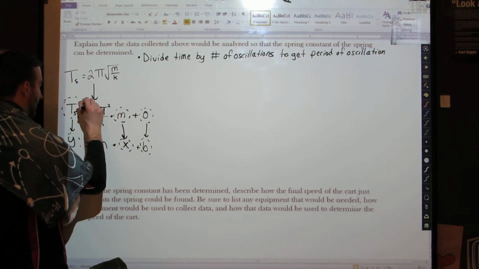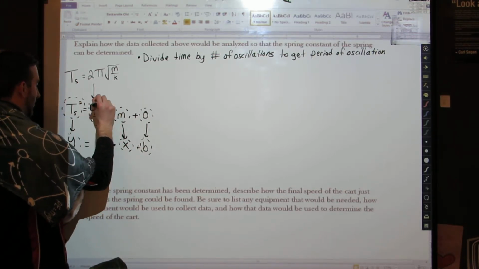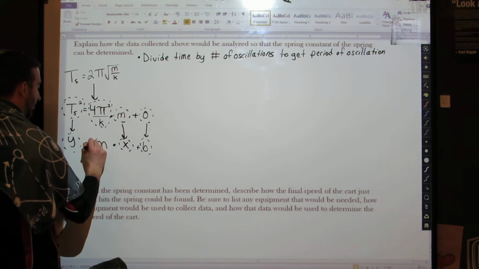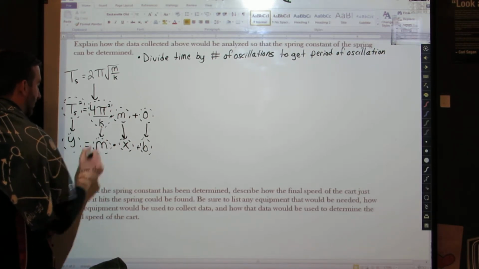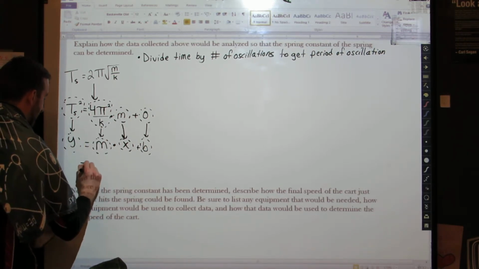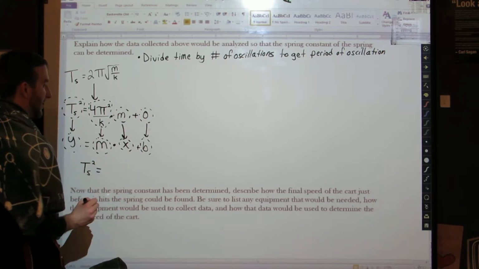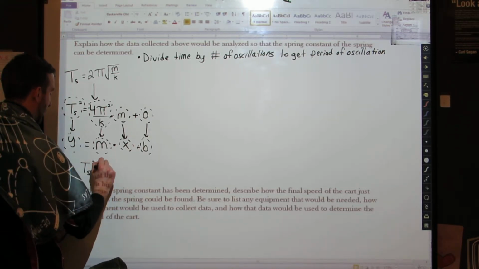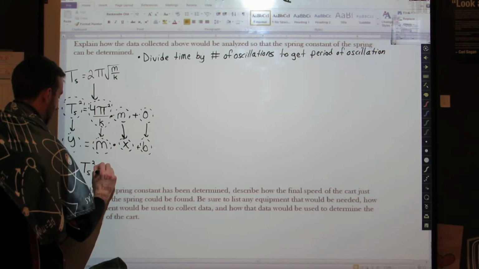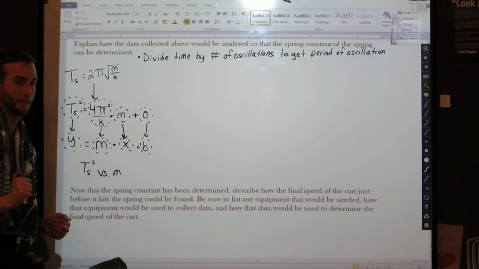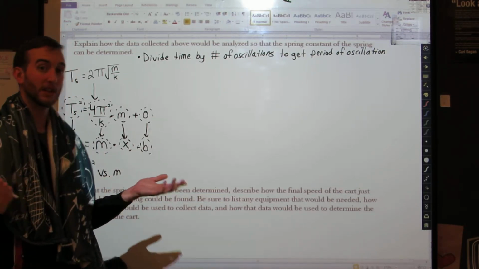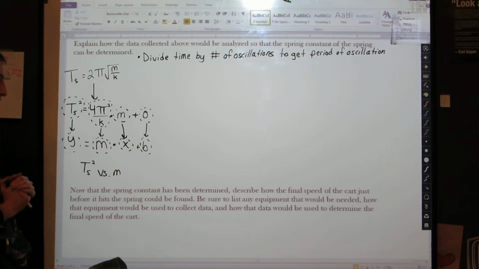Well, that must be what the slope would end up being if I were to graph the period of this oscillation squared versus m. Same linearization process we've done in the past. Same exact thing.